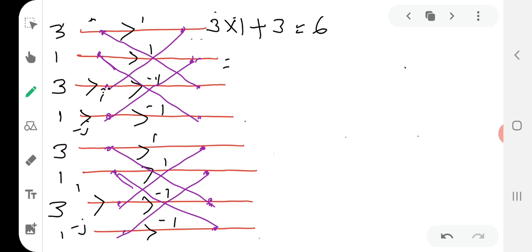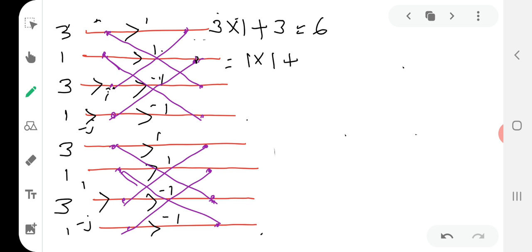At this point, what are the points coming here? 1 from here, that is 1 into 1, plus the next point from here, that is minus j into 1, that is equal to minus j, that's why this value becomes 1 minus j.